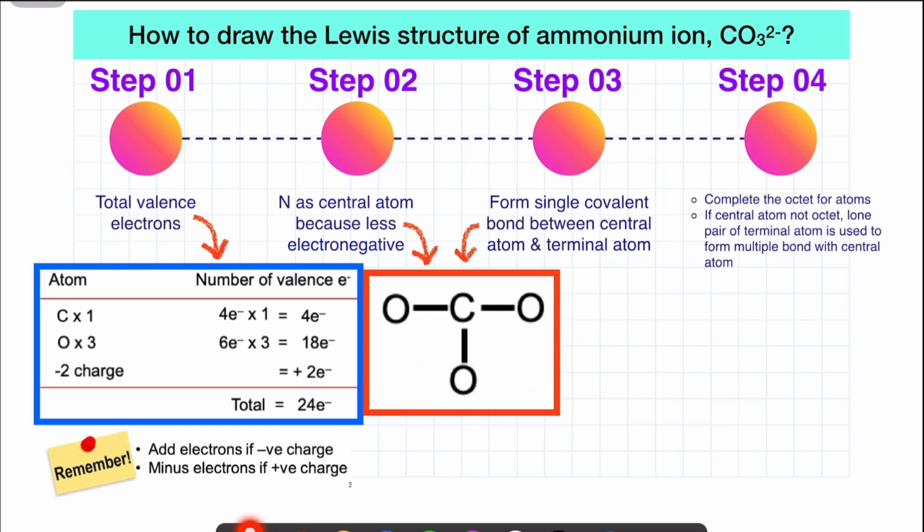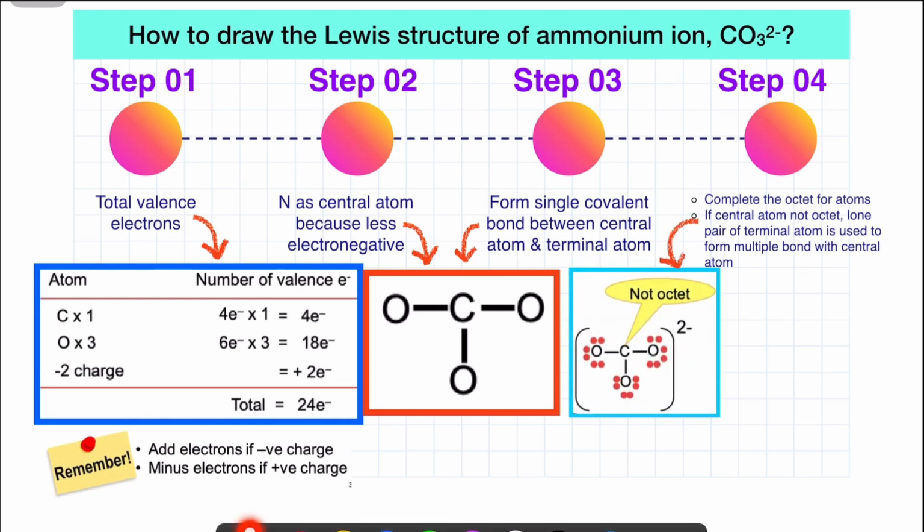If the central atom is not an octet, a lone pair on the terminal atom is used to form a multiple bond with the central atom. When you complete the lone pairs on the oxygen, each oxygen has 3 lone pairs. So the total valence electrons minus the bonding electrons 2, 4, 6: here 24 minus 6, so 18 electrons.